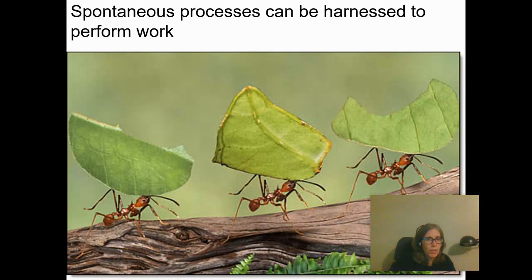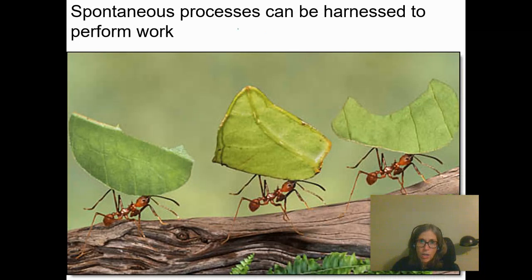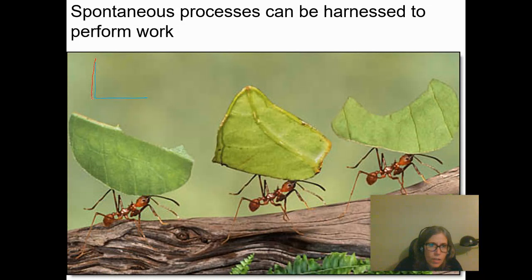Spontaneous processes can be harnessed to perform work. So that's this idea of energy coupling. Energy coupling is the use of an energy releasing process to drive an energy requiring process. So let me show you that. Let's say you do cellular respiration. This is going to be the amount of energy, and here's the progress of the reaction.